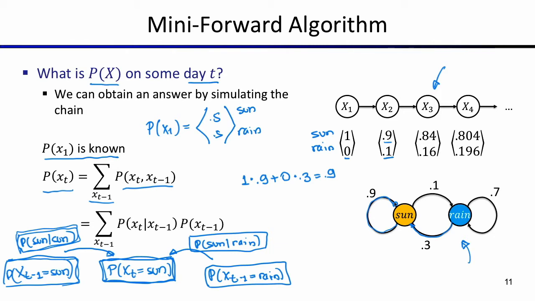And how do I justify this 0.1 here? It's going to be the probability that yesterday was a sunny day, and in fact it was a sunny day, times the probability of transitioning from a sunny day to a rainy day, that is 0.1, plus the probability that yesterday was a rainy day times the transition from rainy to rainy, that is 0.7.